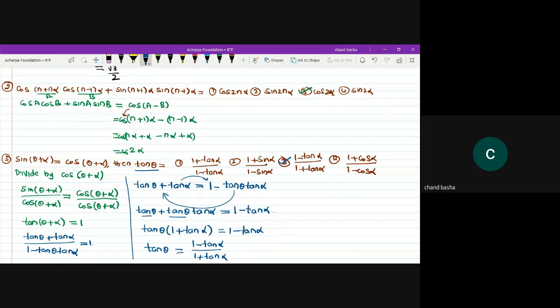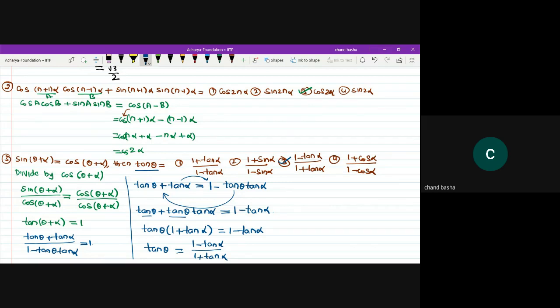Sir, why are you taking cos of theta plus alpha? Can we use any angle? No, I cannot use any angle, because sine of theta plus alpha and cos of theta plus alpha are there. So the common angle I can consider is cos of theta plus alpha, and I can divide both sides.